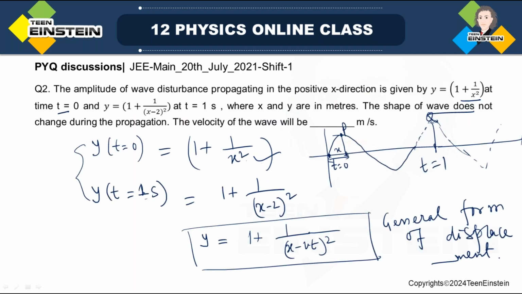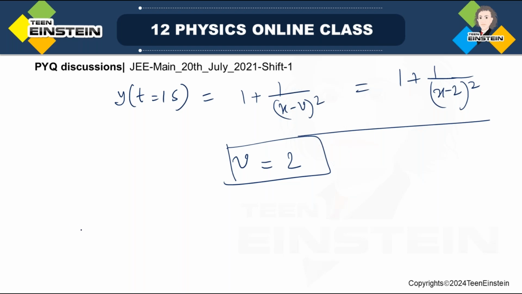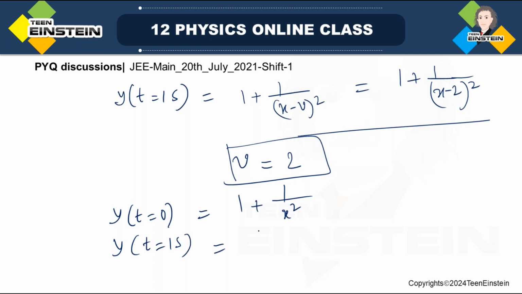Another way I can tell you directly: you can see from here at t is equal to 0, it is given as 1 plus 1 over x square, and at t is equal to 1 second, it is given as 1 plus 1 over x minus 2 whole square. That means the wave has shifted to the point 2 comma 0 along the positive x-axis.